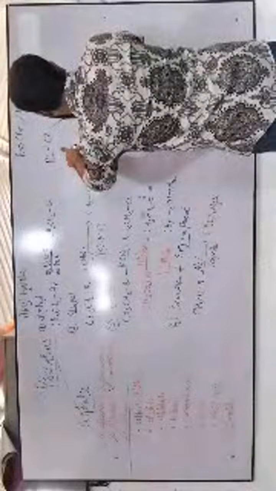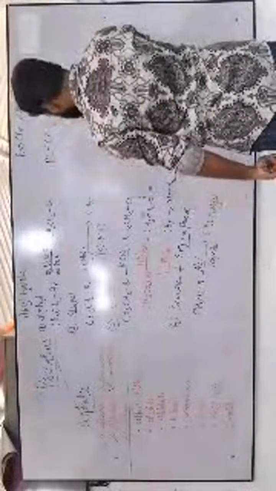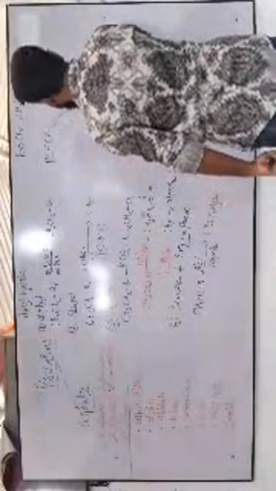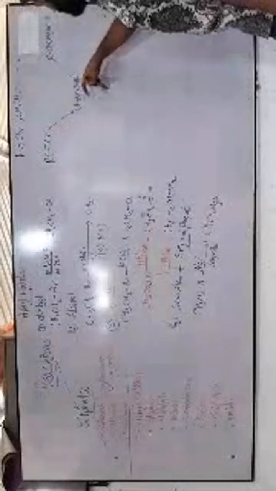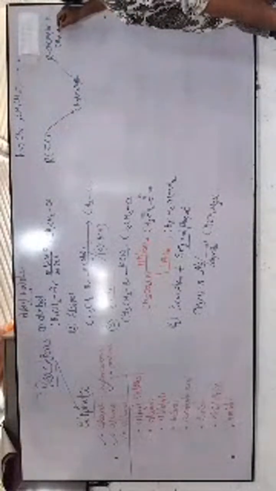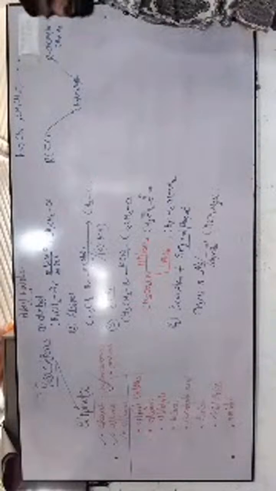So if I use Grignard, let's see, CH3, CH2, MgBr. If I'm using this Grignard reagent for this alkyne, it forms R, C triple bond C, MgBr, plus, here one H is there, this will go with this, it will form CH3, CH3.